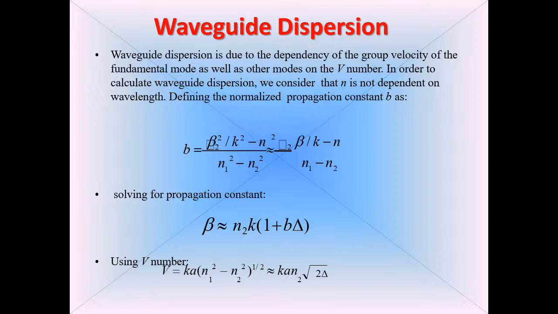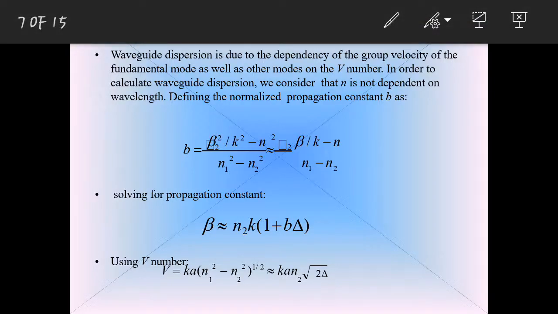So we have already studied the modes which propagate inside the fiber medium. It can be defined in terms of the mode frequency or mode number. If it is a single mode, the mode number is defined as V equal to 2.40. If it is a multi-mode, you can calculate the mode frequency or mode number using this equation.